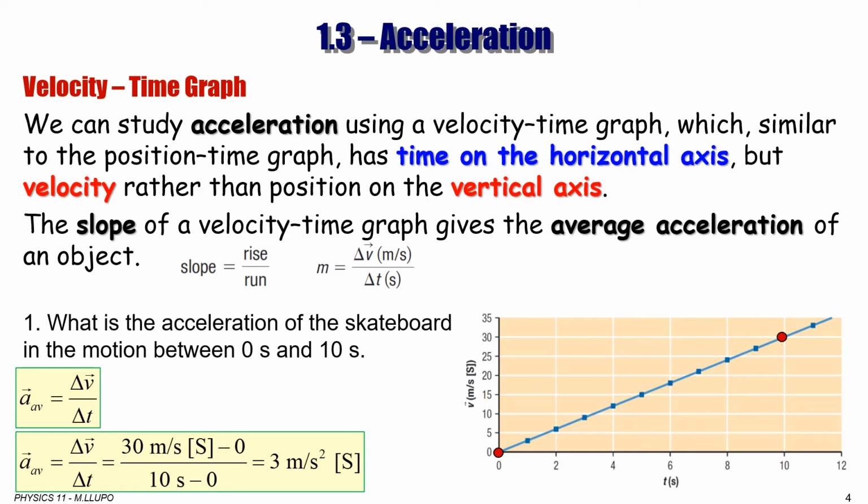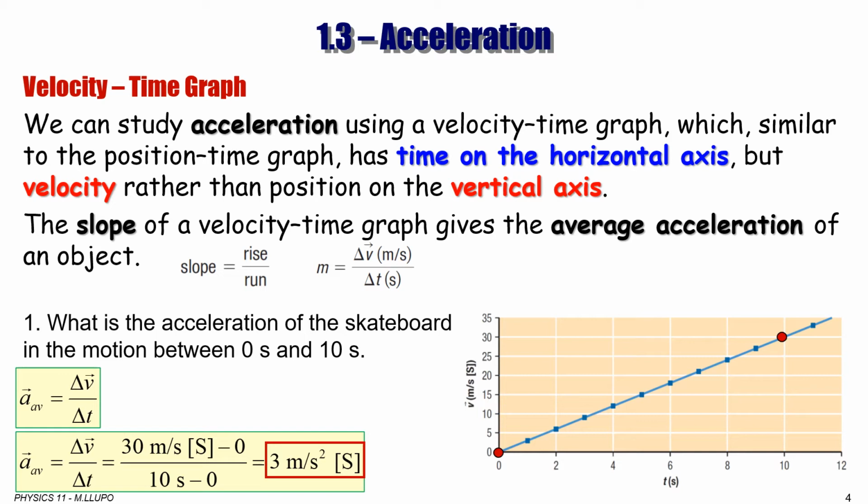Remember that when you're going to do a slope, you have to write 4 points. Remember when you learned slope in grade 9, it is y2 minus y1 over x2 minus x1. So it has to be v final minus v initial over t final minus t initial.